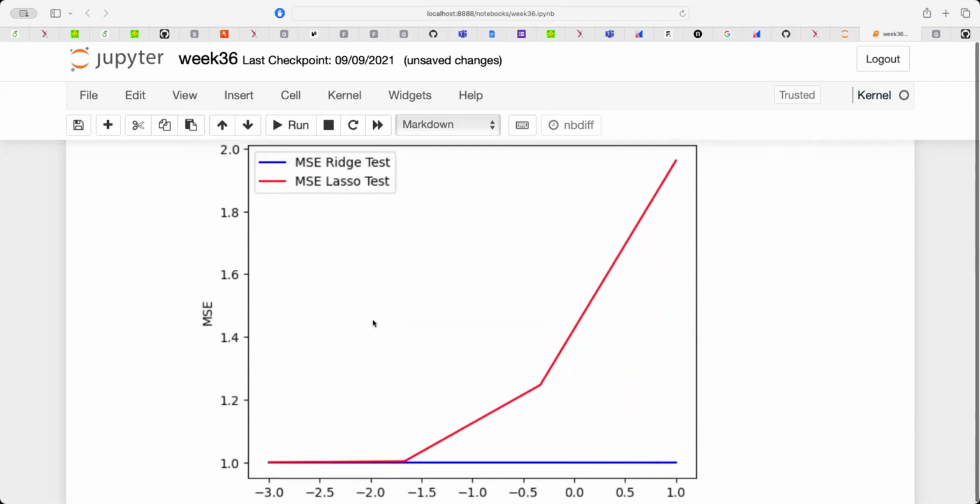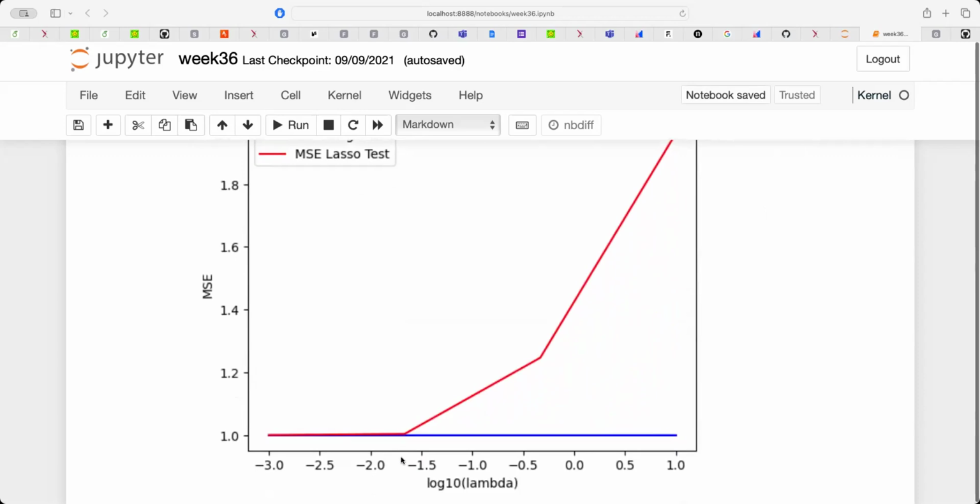But then you see that lasso here is blowing up, and that is because lasso drives the parameters beta to 0 immediately. So ridge has a scaling which goes like the singular value squared divided by the singular value squared plus lambda. So it's only when lambda becomes extremely large that the parameters start vanishing, whereas lasso puts some of the parameters to 0 after very few values of lambda.